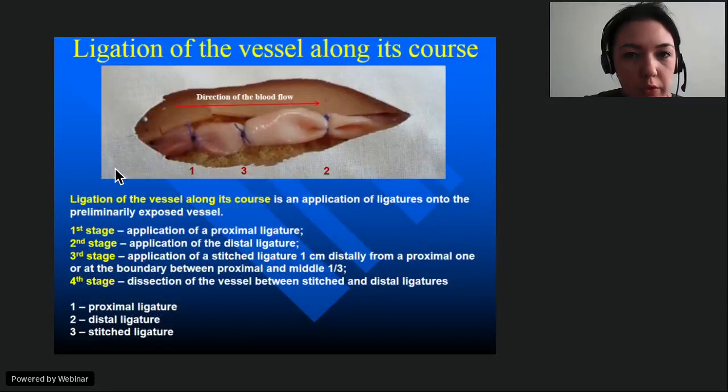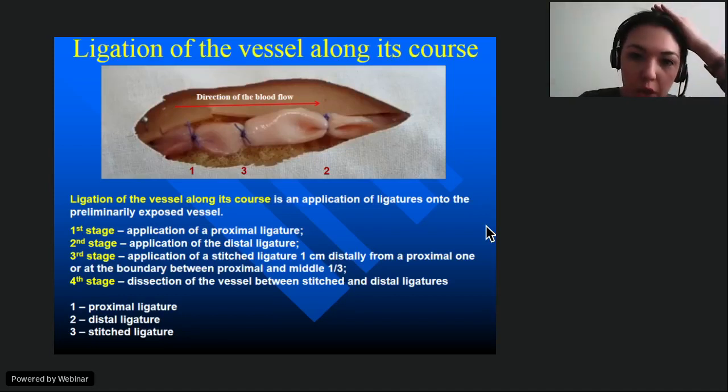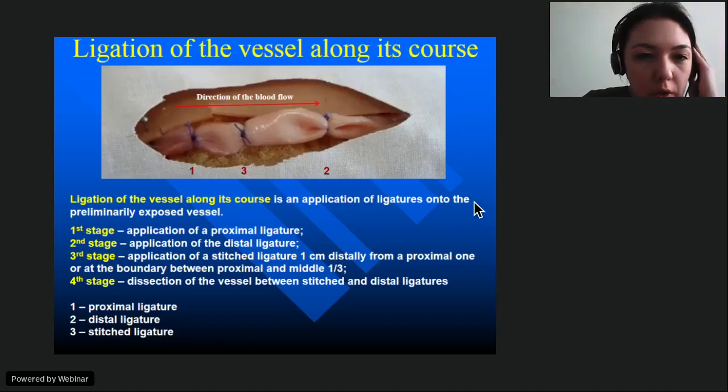These are indications. So how to perform it? Ligation of the vessel along its course is an application of ligatures onto the preliminarily exposed vessel. So the first stage is an application of a proximal ligature. Then the second stage, application of a distal ligature.